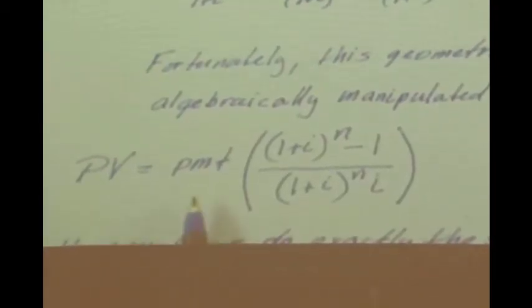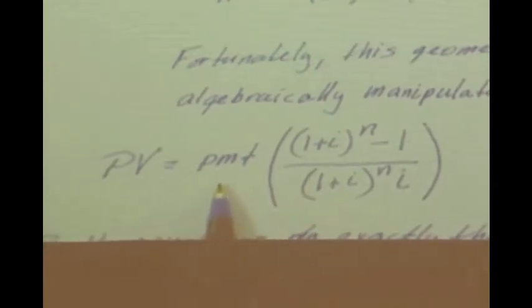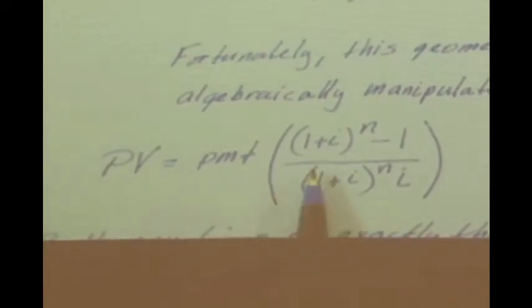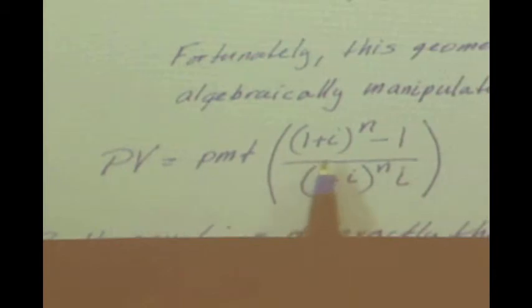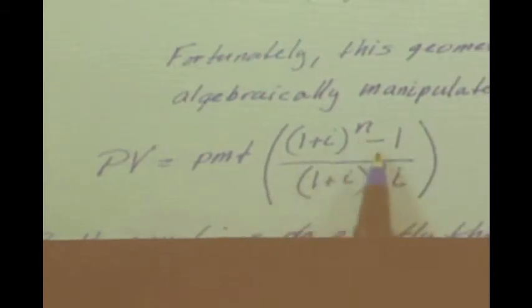The present value is equal to the annuity payment times this factor, 1 plus the interest rate to the nth power minus 1, all divided by 1 plus the interest rate to the nth power times the interest rate.